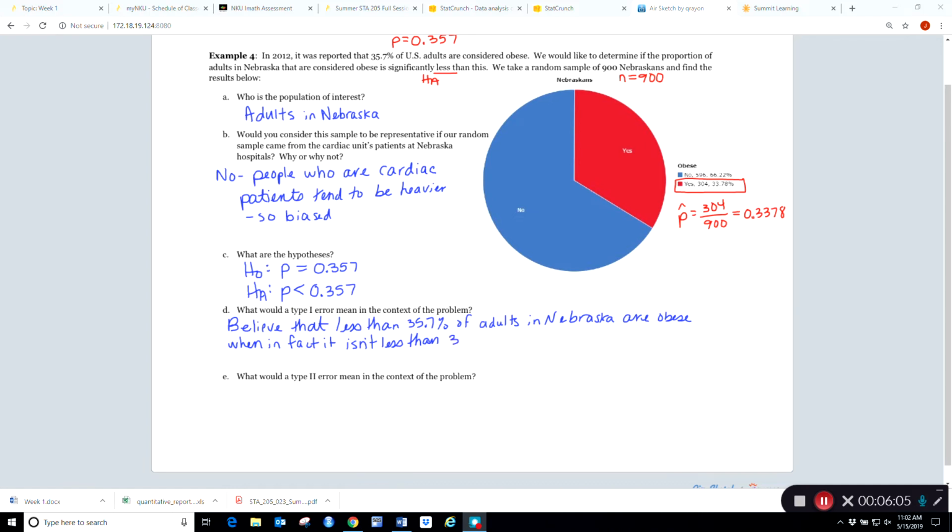So that's what we would believe, but the truth is it actually isn't less. Basically we think Nebraska is maybe slightly healthier than the rest of the United States, when in fact they're really not.